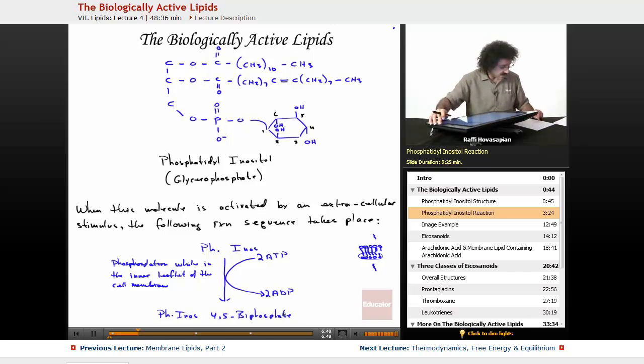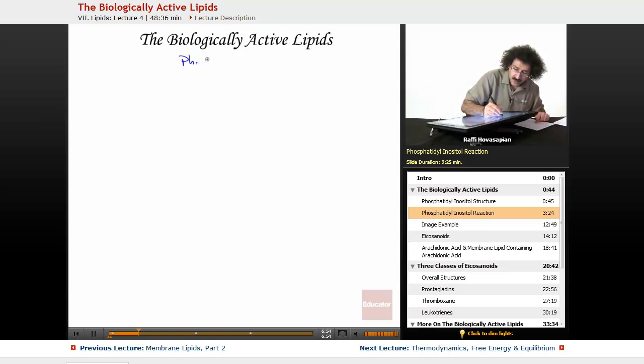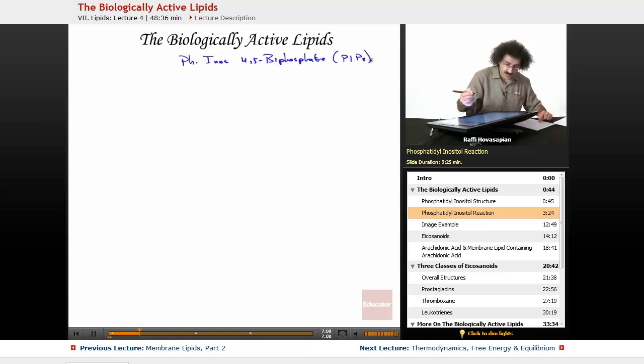Okay, so now let me go ahead and go to the next page and rewrite this so we can continue on with this reaction sequence. So phosphatidyl inositol 4,5-biphosphate, which we will call PIP2. Something happens that's very, very interesting.